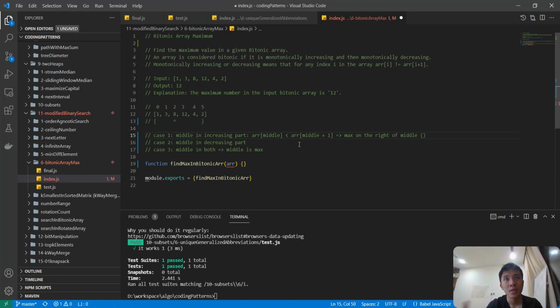So the maximum can range from middle plus one till the current right, and this is one case, right? Middle in the decreasing part. How do we know the middle is in the decreasing part?